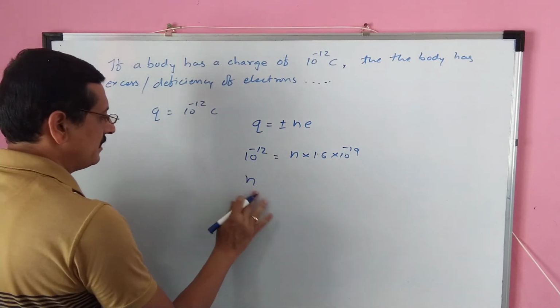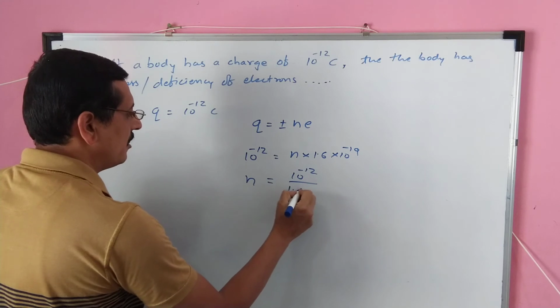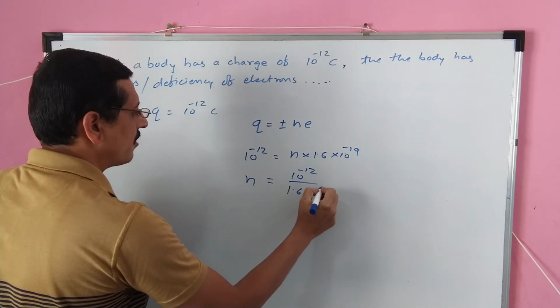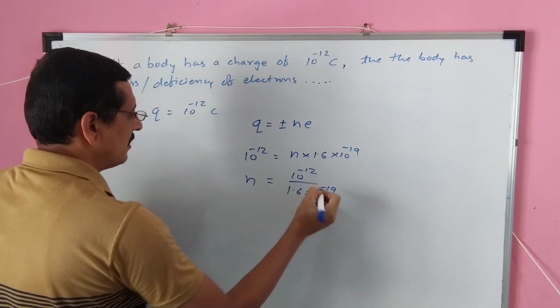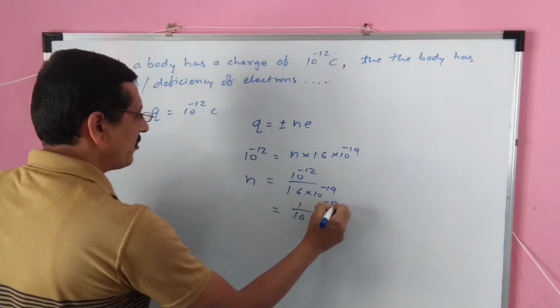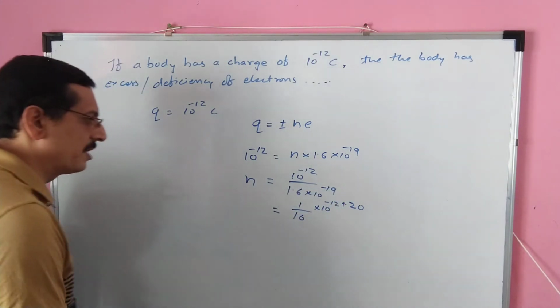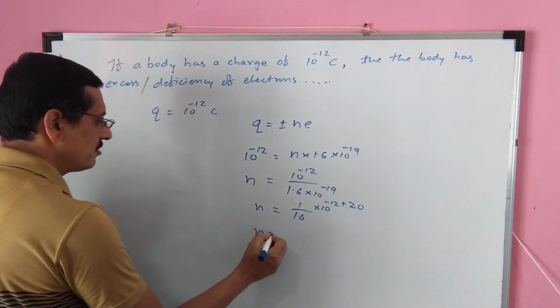So N is equal to 10^-12 divided by 1.6 × 10^-19. We did the same just now: 1/1.6 × 10^-12, and this 10^-19 I took up, so it became 10^+19.